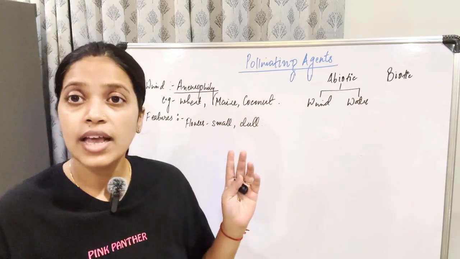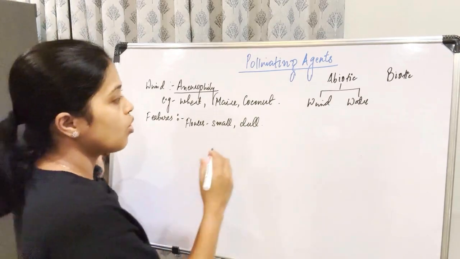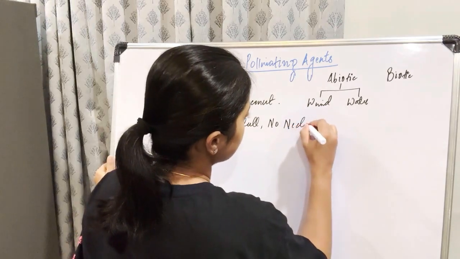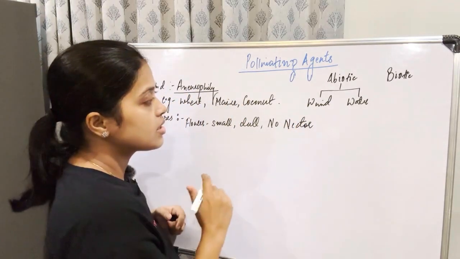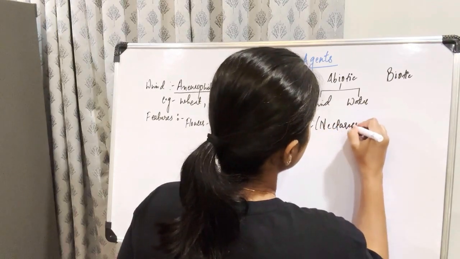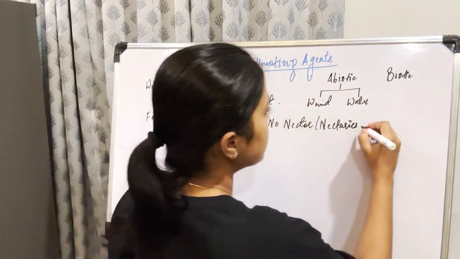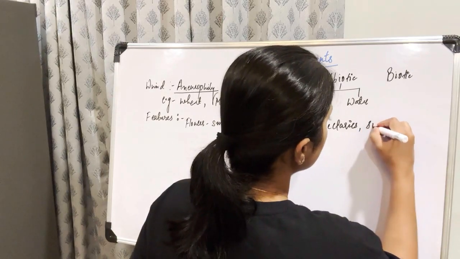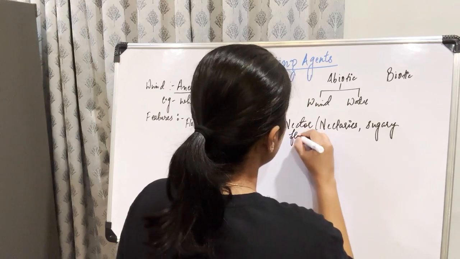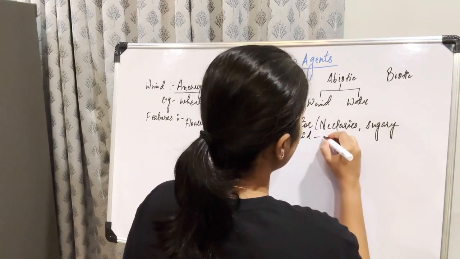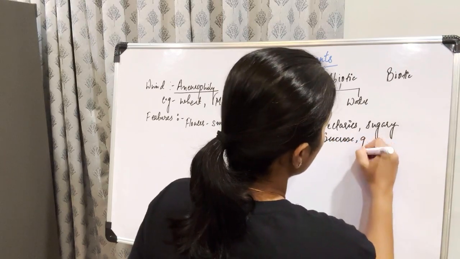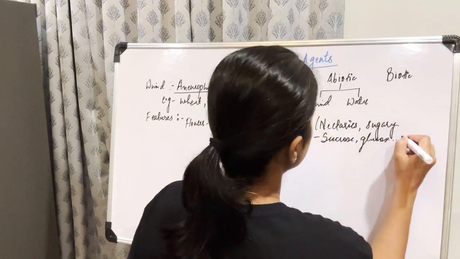So the flowers here can be dull, they are small, there are no nectaries involved, no nectar. Nectar is synthesized from nectaries. What is nectar? Nectar is basically a sugary fluid which is made up of sucrose, glucose, fructose and so on.